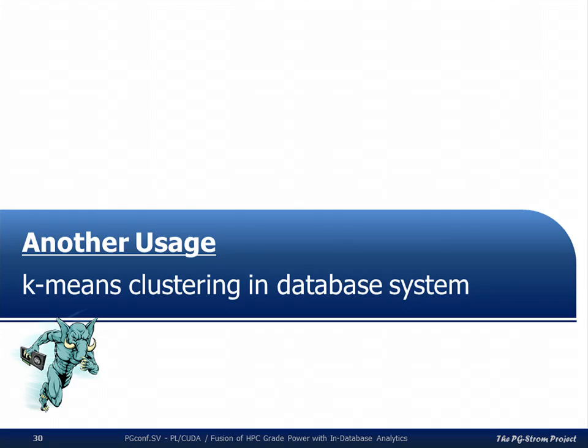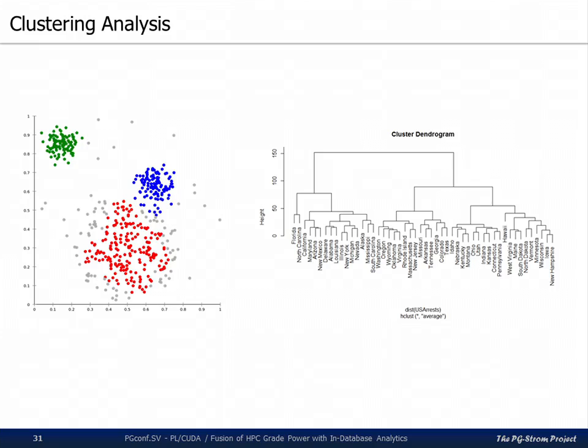Then let me introduce one other use case. The topic I pick up is the data clustering problem. Clustering analysis is a feature to categorize a massive amount of data into a small number of categories.